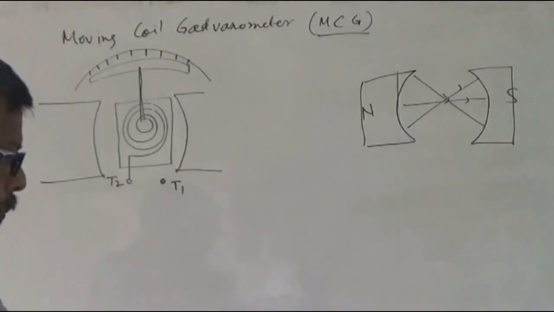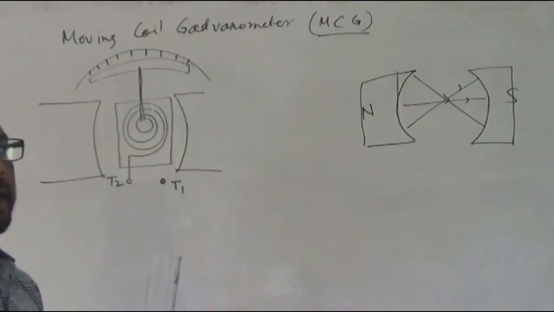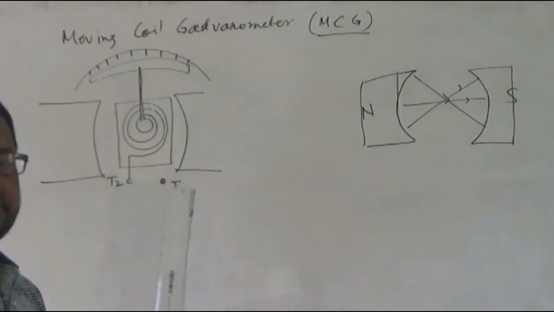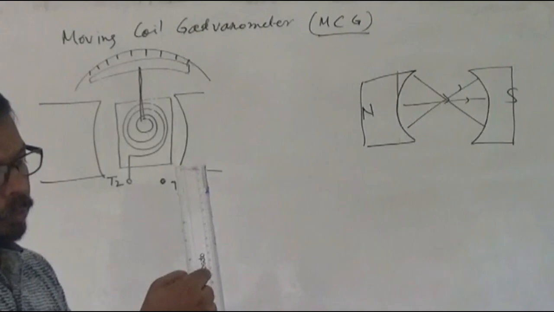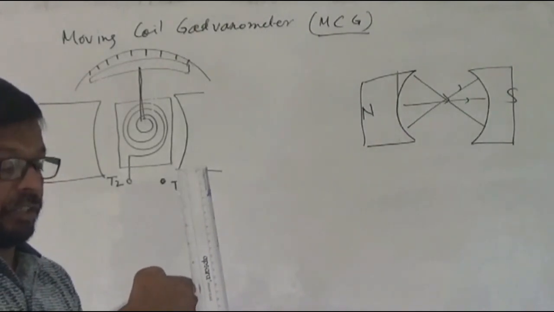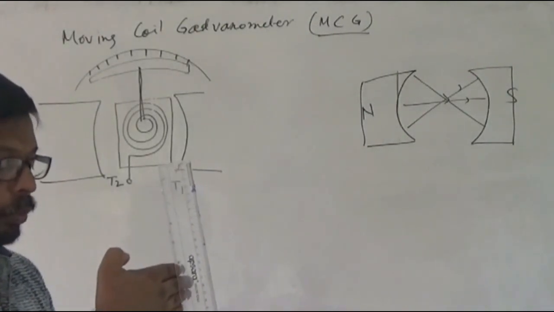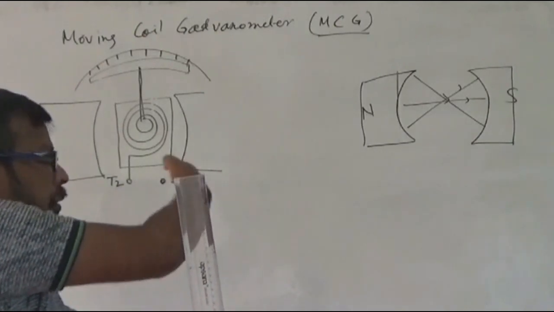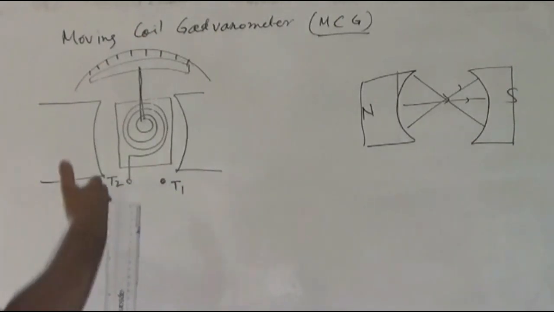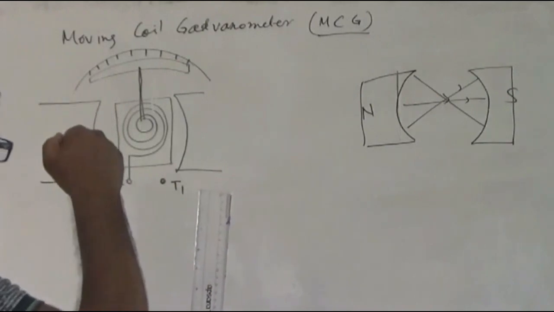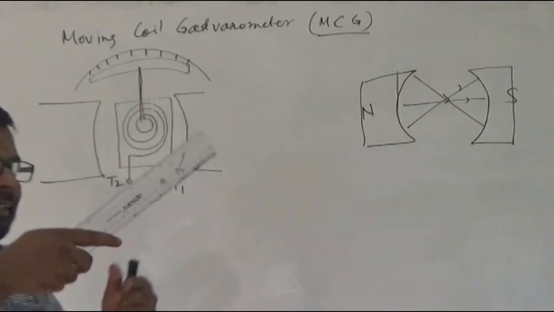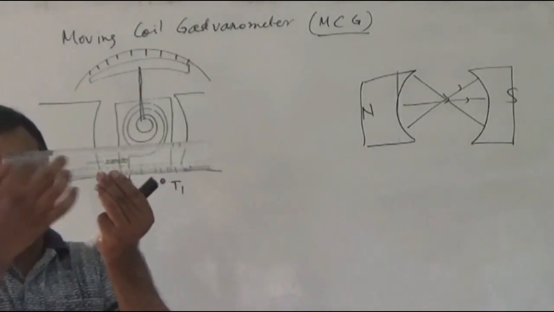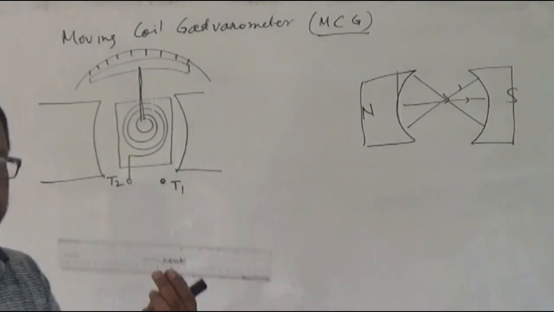Here we place a table, and on the table we put a stand. In that stand we put a light system, right? Light will focus on this thread, and there is a scale system also. Here is a scale. Clear?